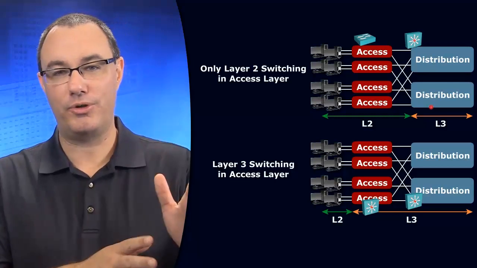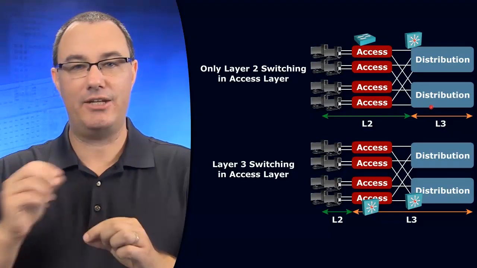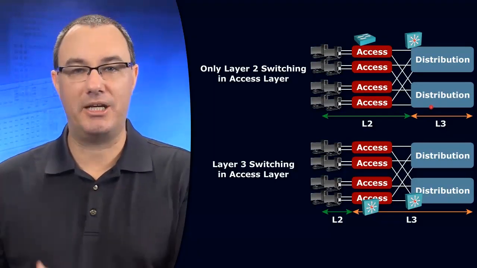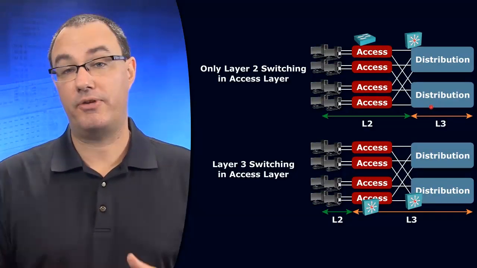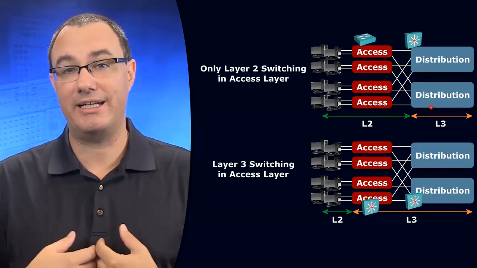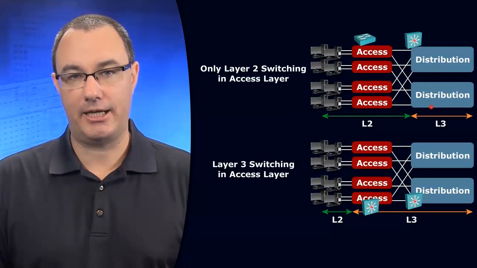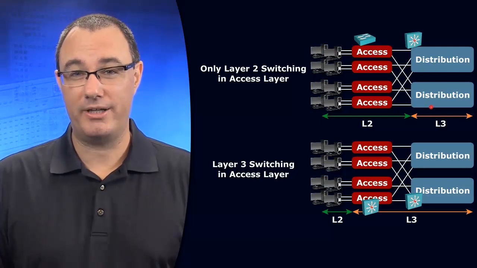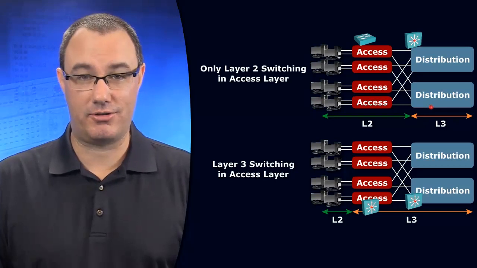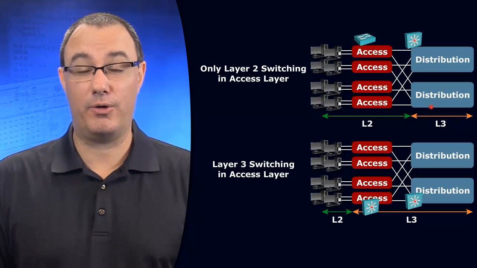Yes, our old implementation was layer 2 access, but I have the need to shrink my subnets, eliminate spanning tree protocol, not worry about first hop redundancy protocols, simplify the network for my needs. And those are a lot of big ifs. It does complicate matters. And if you really want to do that, really read up on it. Check out the design course. Check out the architecture class, because the intricacies of it are very, very complicated.